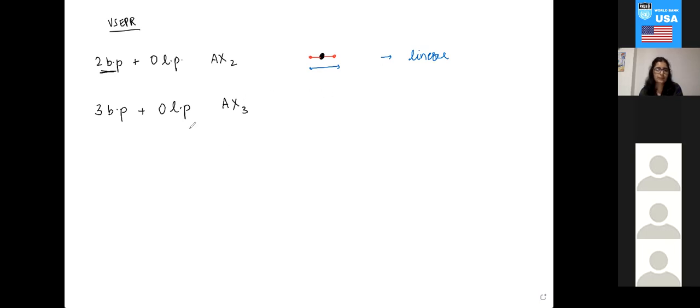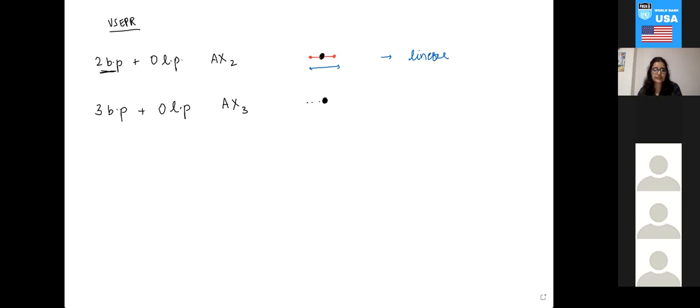Now, how will the 3 bonded pairs be arranged to have the maximum space between them? Where should I place 3 of them so that they have maximum space? In the shape of a triangle, absolutely.